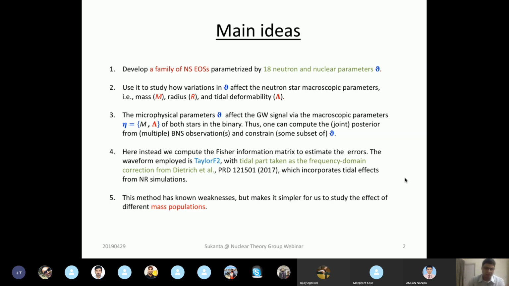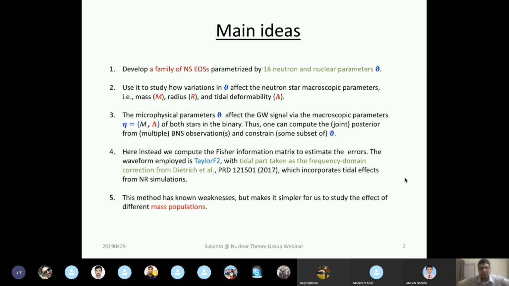And then to be able to estimate the measurement errors, we use the Fisher information matrix method. Ideally, we should use Bayesian methods, and currently we are, in fact, already working on that.